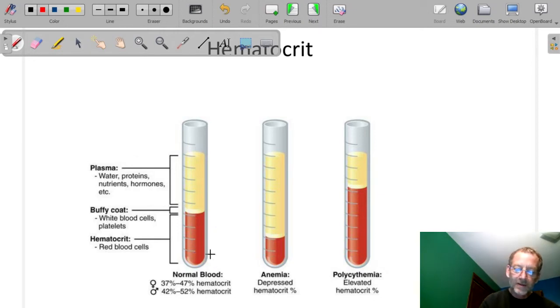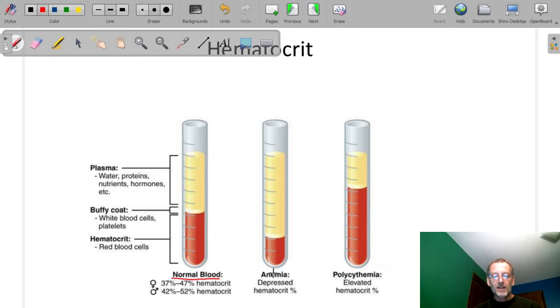So this tube on the left shows a normal hematocrit, and in females, it's about 37 to 47% of the volume is the red blood cells. In males, it's slightly higher than in females. This is due primarily to higher levels of testosterone in male blood. So again, the plasma, the buffy coat, and the hematocrit.